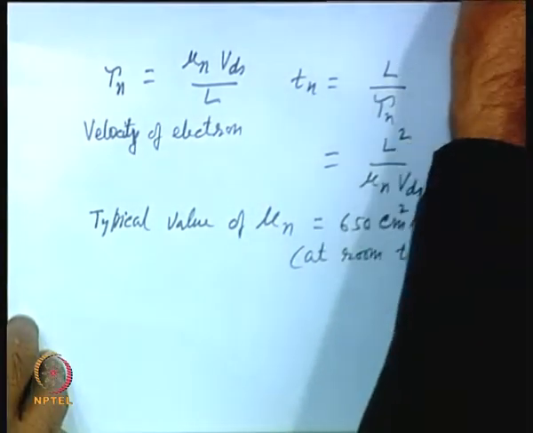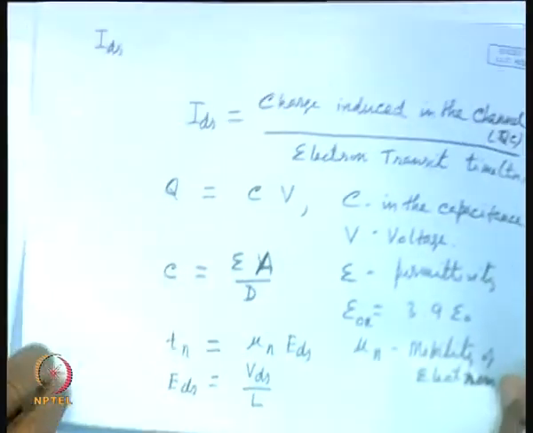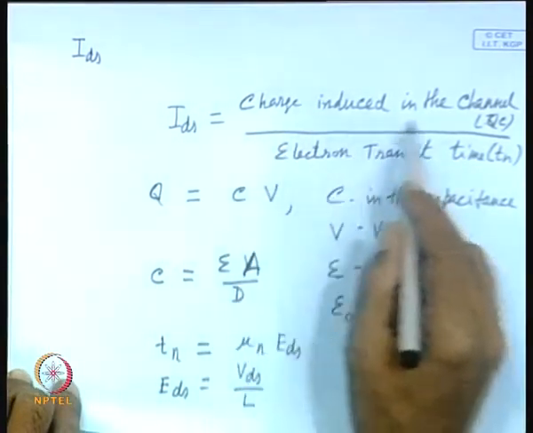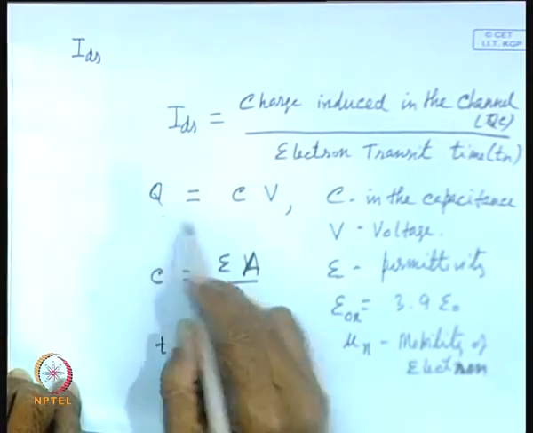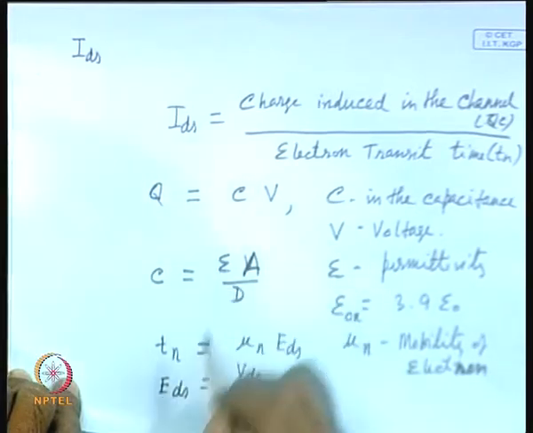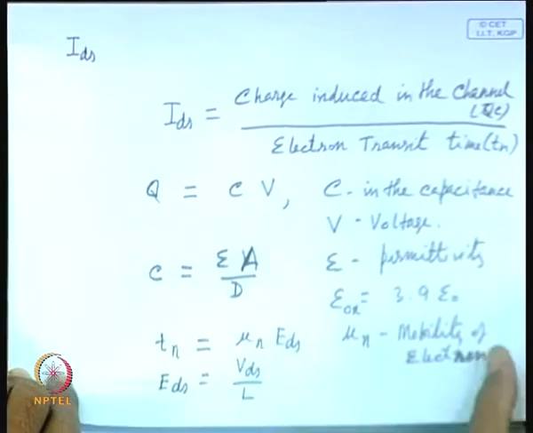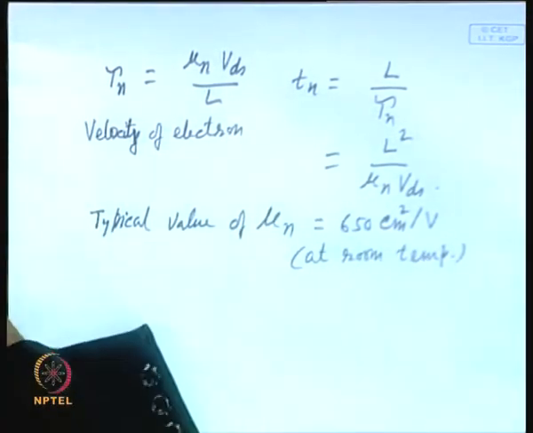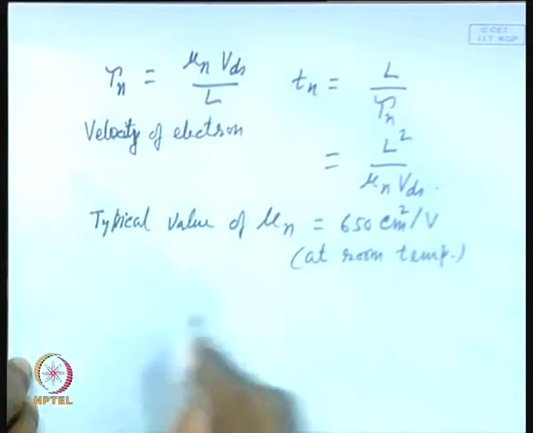We have also got the charge that we can obtain by C into V, and we have found out the electron transit time Tn. Now, we can find out the current IDS.